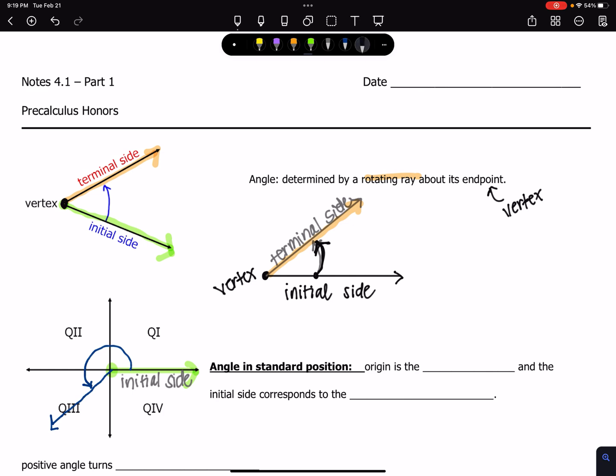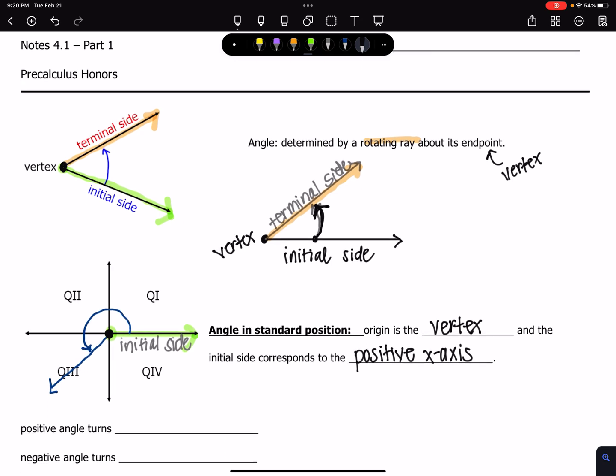The origin is the vertex. So this right here is the vertex of your angle. And the initial side corresponds to the positive x-axis. So that's an angle in standard position.